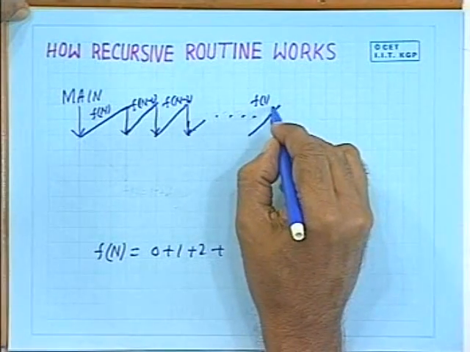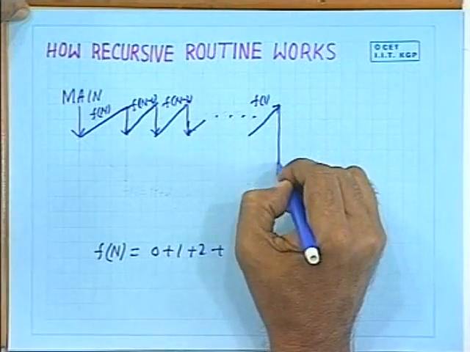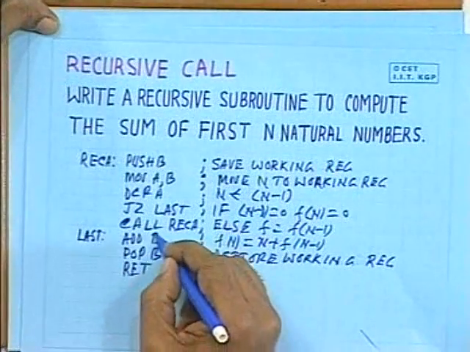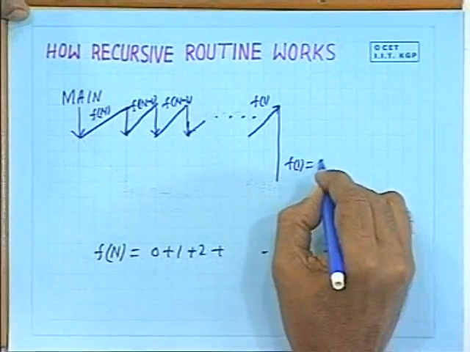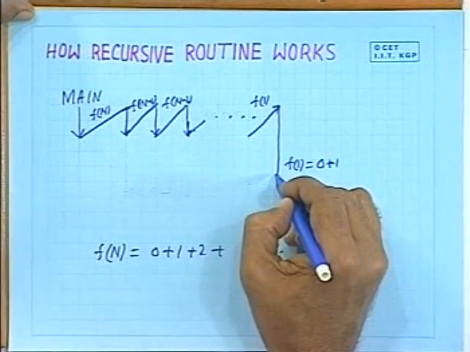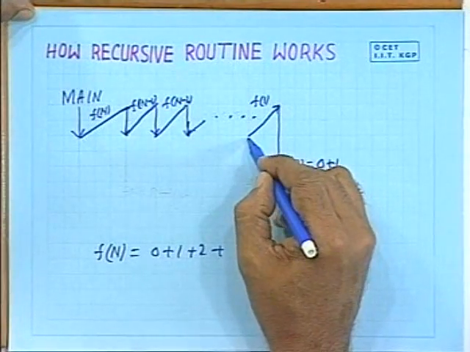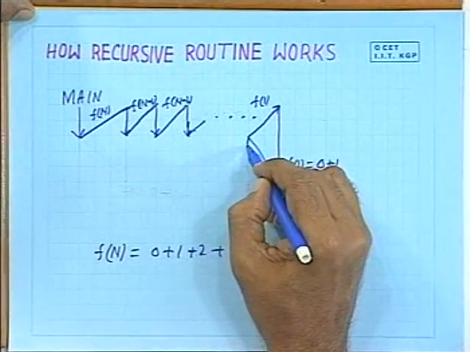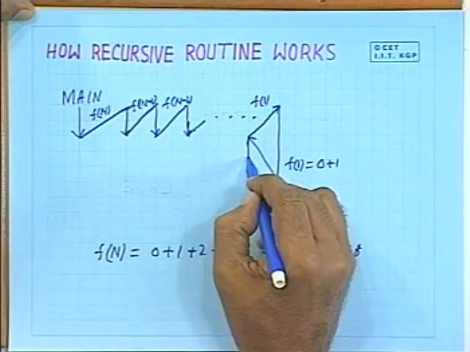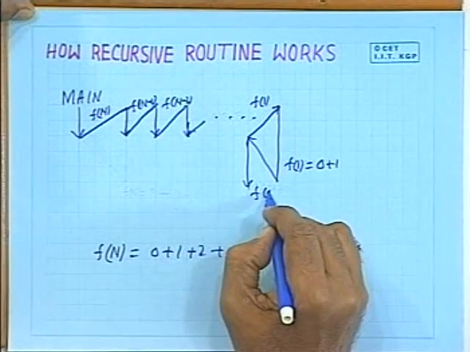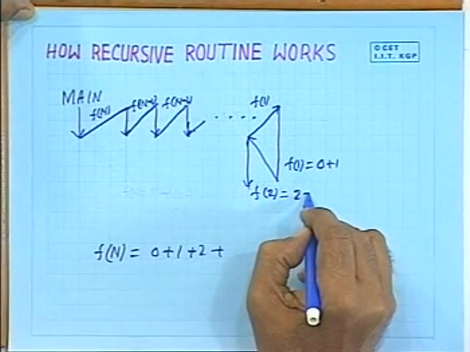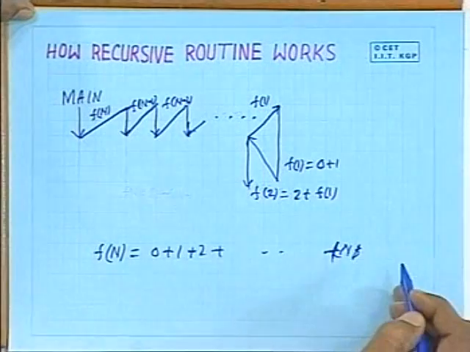And when you reach f1, then you perform this part of the computation. How you do that? You perform f1 is equal to 0 plus 1, that you do in this iteration. Then as you return to this point, in this part again you compute f2 is equal to 2 plus f1.